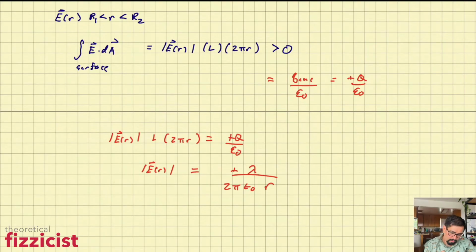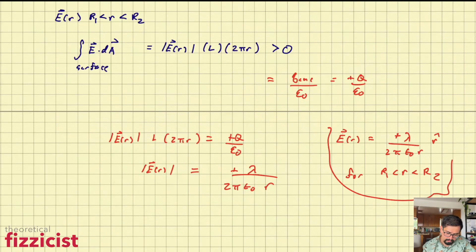Cool. Or indeed, if I want to write this in vectorial form, the electric field at this little distance r is plus lambda over 2 pi epsilon r, r hat, for little r between r1 and r2.